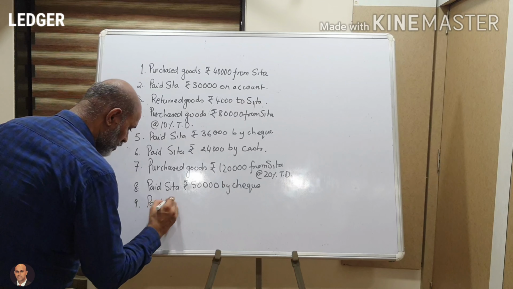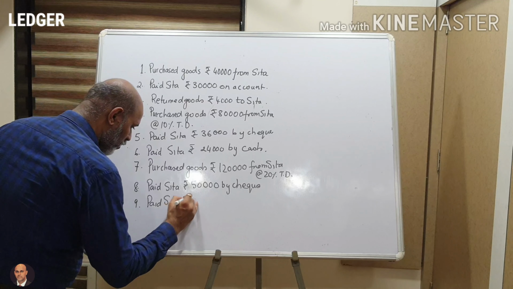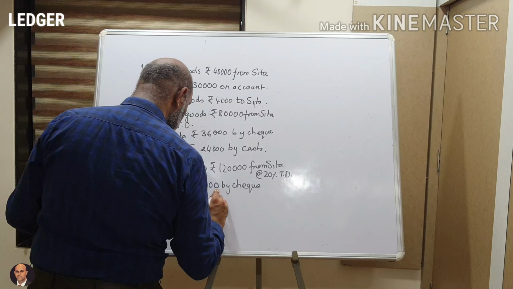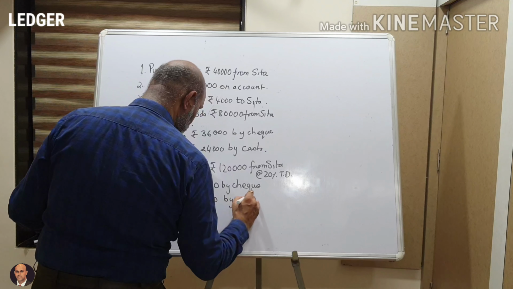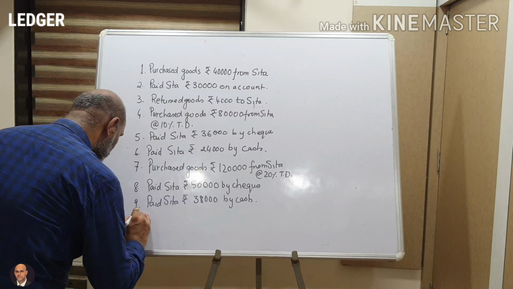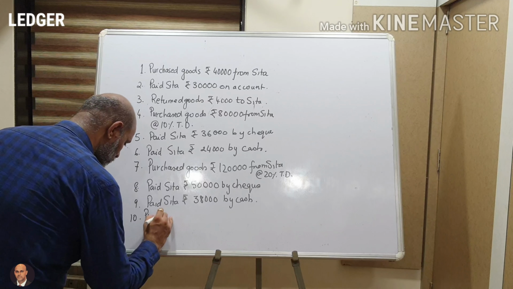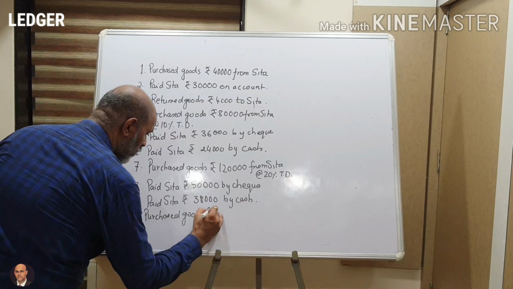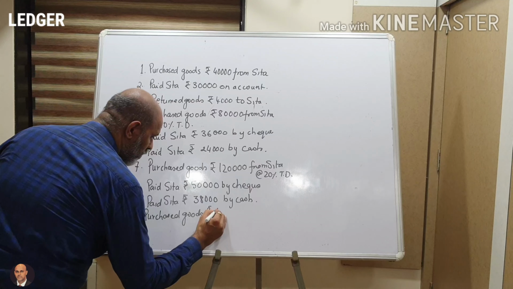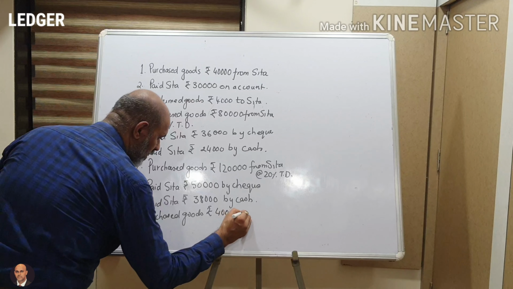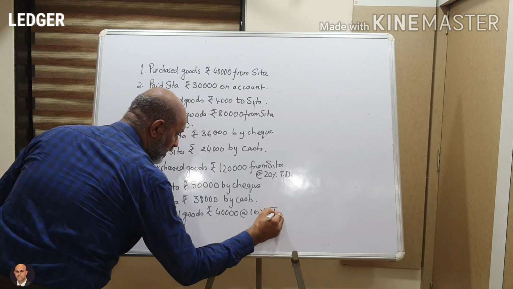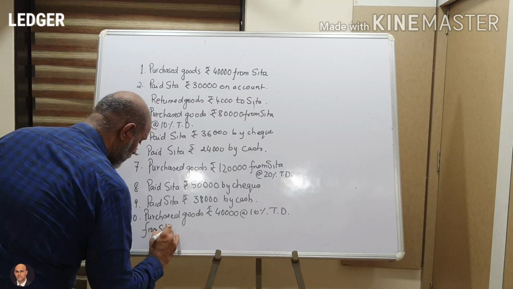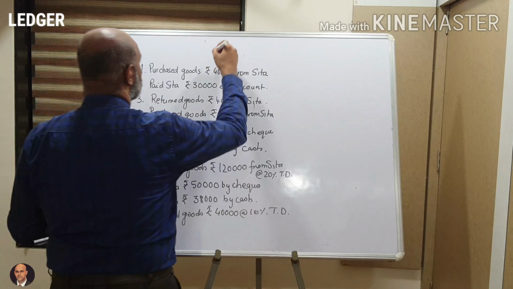Paid Sita rupees 38,000 by cash. Purchase goods rupees 40,000 at 10% trade discount from Sita.